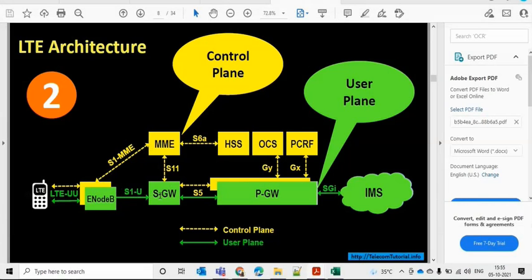This is the serving gateway. It is the termination point of the packet data interface.